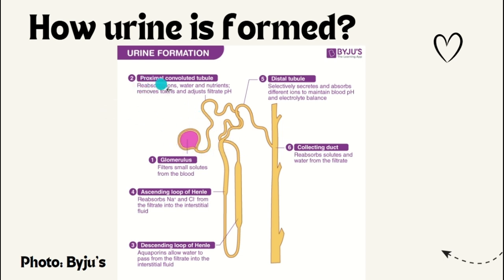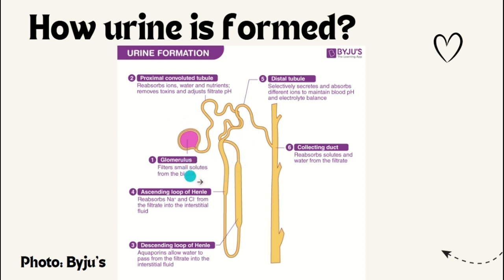And then the proximal convoluted tubule is going to reabsorb ions, water, and nutrients, and is basically going to remove toxins and adjust the filtrate pH, right? So it's going to filter first, then it's going to reabsorb ions.